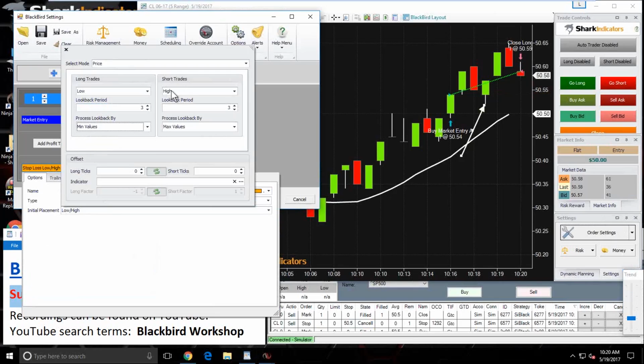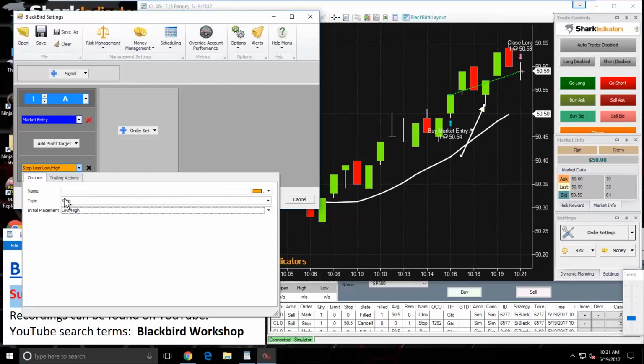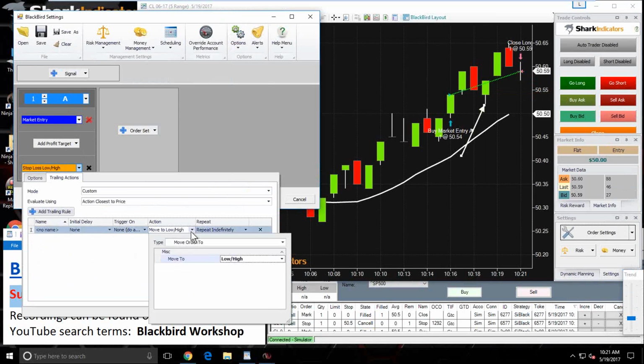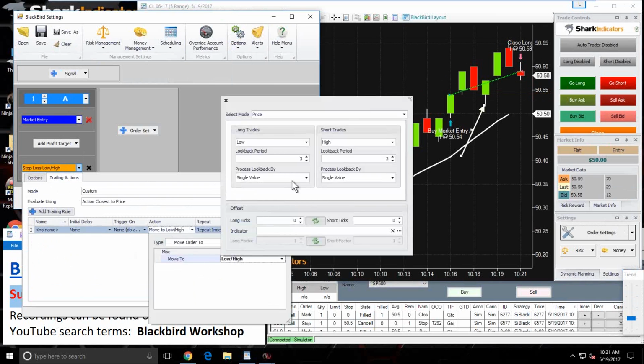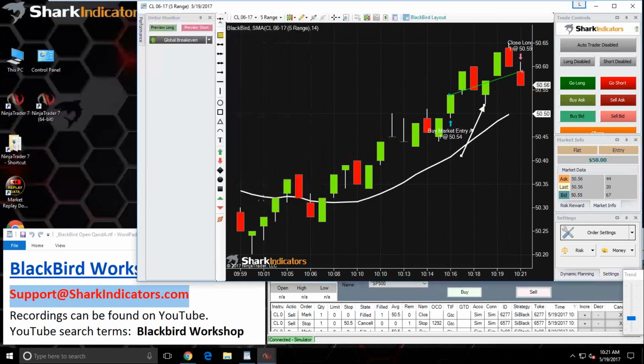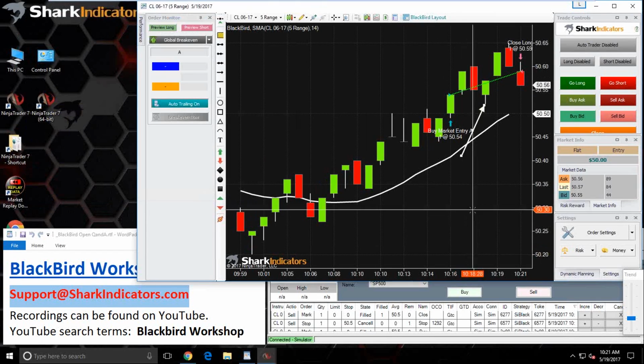So in other words, the highest high of the last 3 bars. So there's our initial placement. Now let's adjust our trailing rule. And we'll switch this to use the minimum value as well, minimum low, like so.